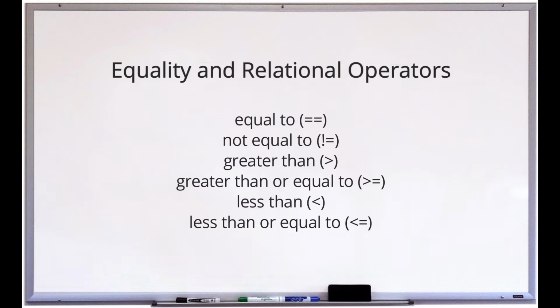We used a single equal sign to assign values. In Java, to check if two primitives are equal or not, we have to use double equal. If you forgot what primitives were, you can watch the previous video, data types in Java, again.